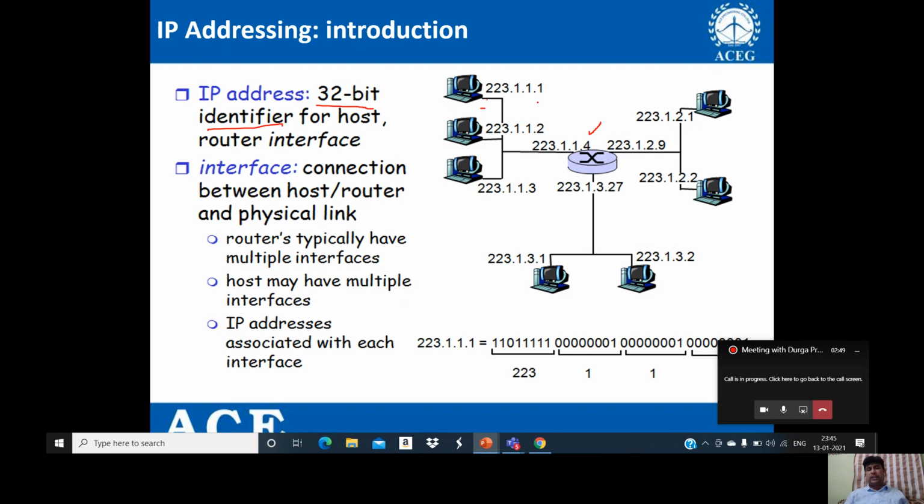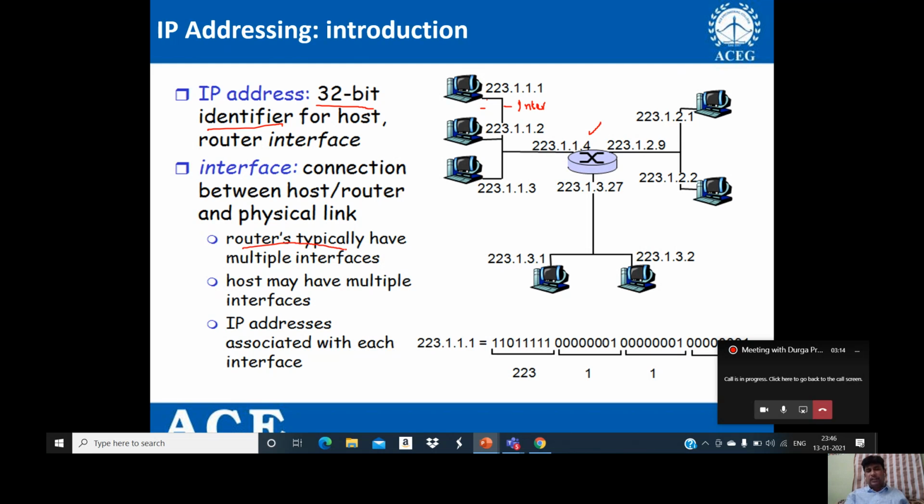Each device is connected to the network through a single link, which we call an interface. So all the devices in the network or subnet will be connected to each other using an interface. A router connects multiple devices, so it will have more than one interface.